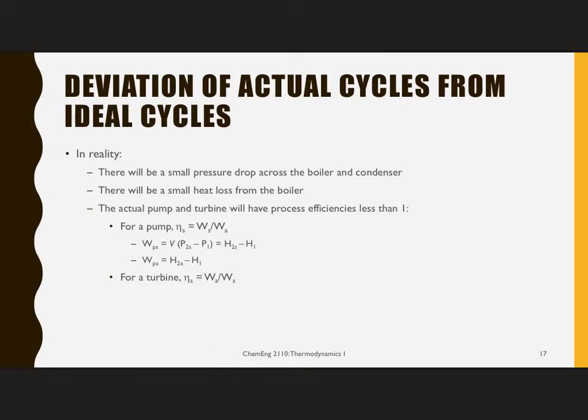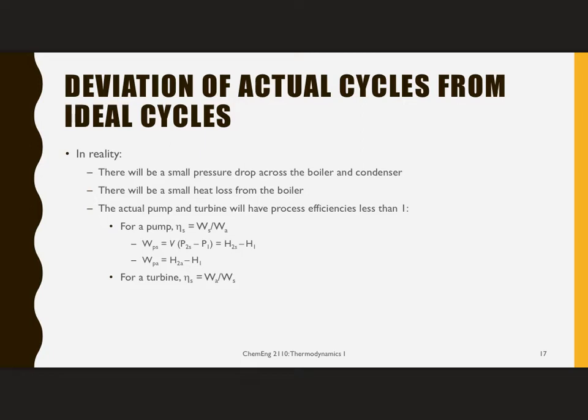Now the pump and turbine, the difference between their ideal reversible state and what really happens is going to be based on those process efficiencies that we looked at in the last chapter. Now remember that the efficiency is defined so that you always get a result less than 1. It's the relationship between the ideal and the actual.